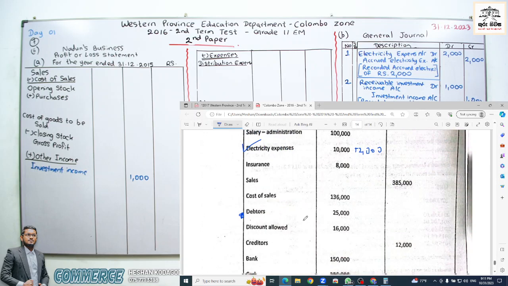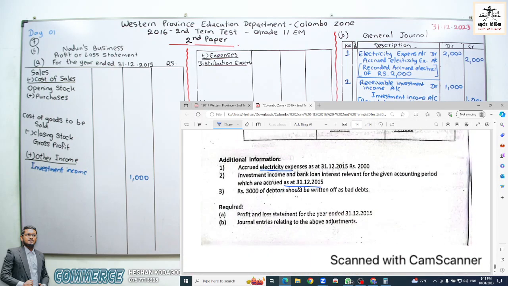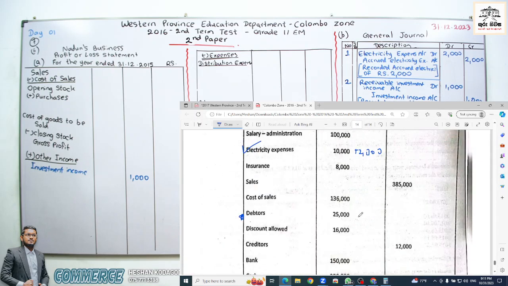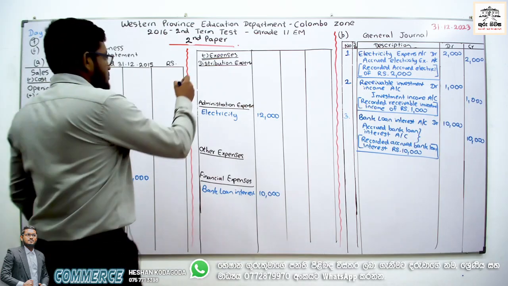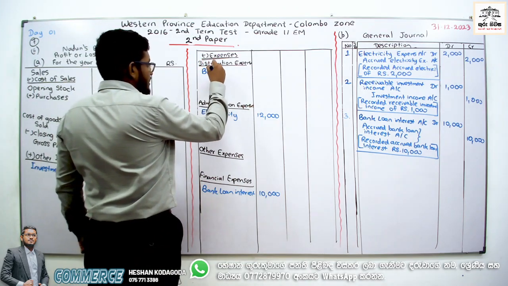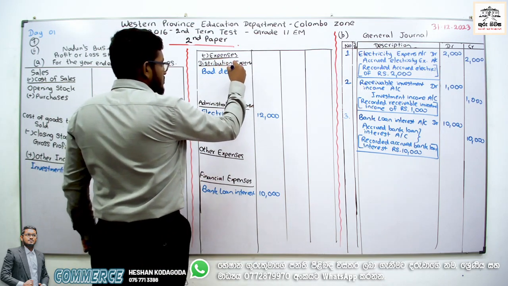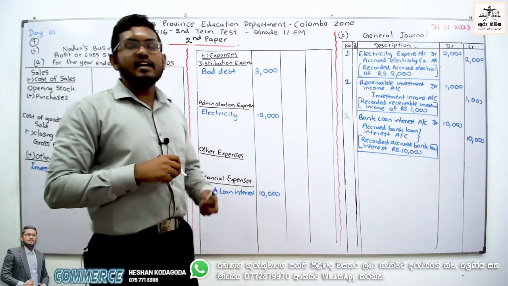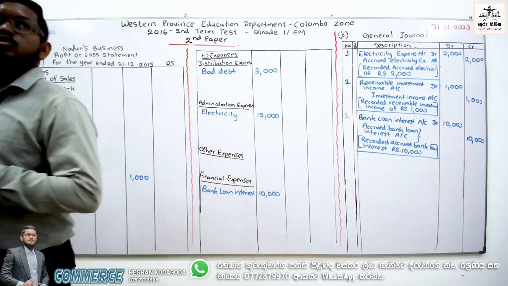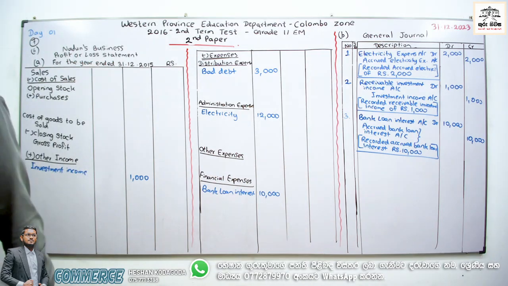So you need to calculate 3,000 should be written off as bad debt. 25,000 minus 3,000, how much? We need to write this 3,000 under bad debts. What is the type? Distribution. Bad debt 3,000. And also you need to identify debtors as 22,000 in SOFP.